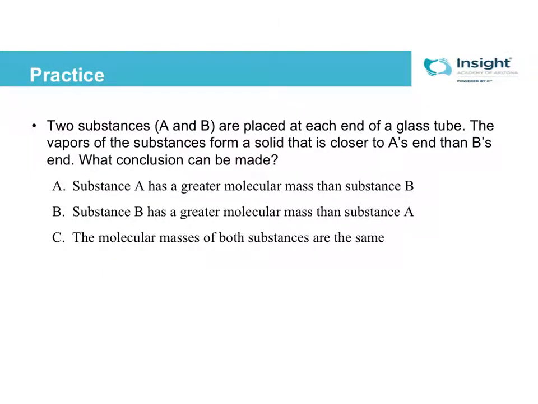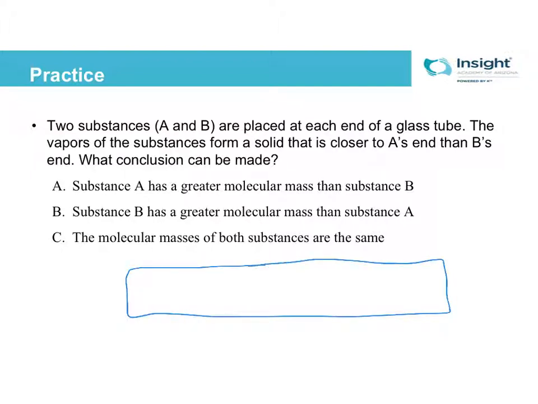So an example of applying this is, say you have two substances, A and B, that are placed at the end of a glass tube. The vapors of the substances form a solid that is closer to A's end than B's end. What conclusion can be made? These two gases, when they reach each other, they react and form a solid. Here's a diagram of what's going on.